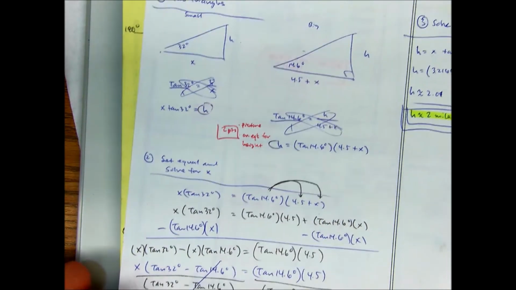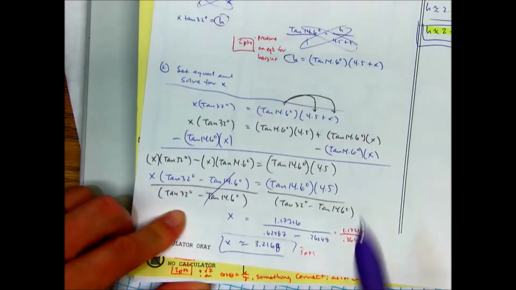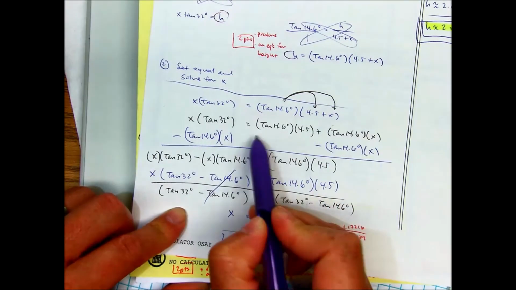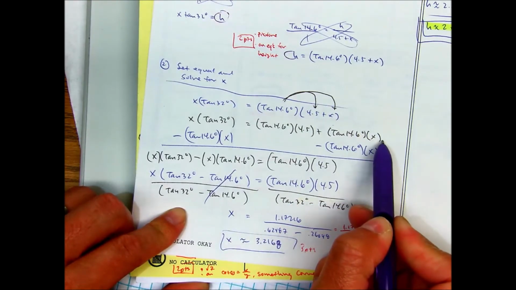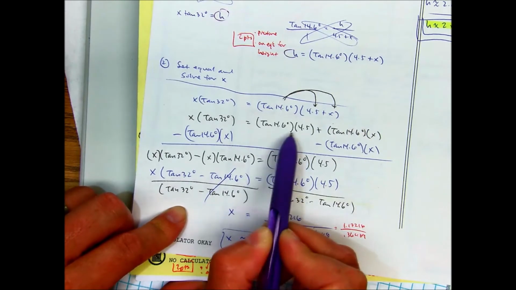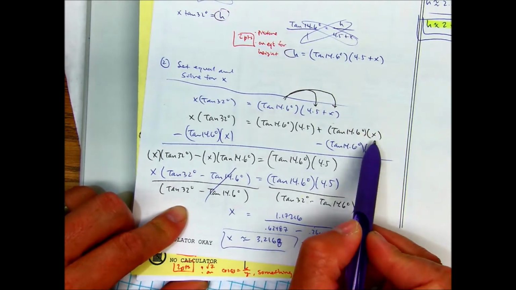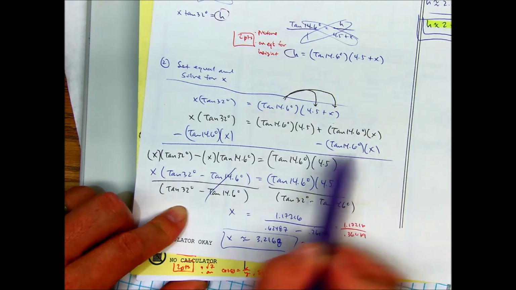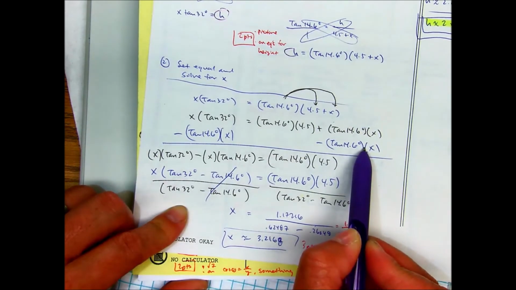I'm using parentheses here. I'm going to distribute tangent of 14.6 to each of these terms. Here, you could evaluate, but I decided not to, meaning you could put that into your calculator. I'm trying to get the x's together, so if I subtract tangent of 14.6 times x from both sides, remember they're multiplication because they're kind of like glue, so they stick together.